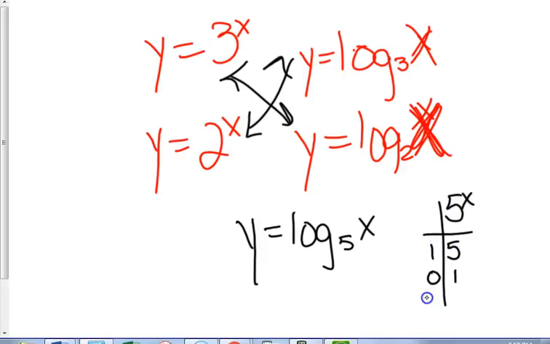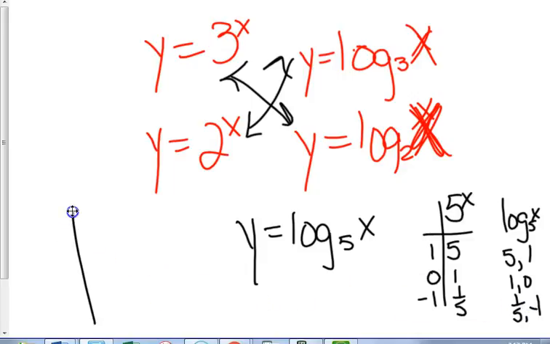I put in a 0, get out a 1. I put in a negative 1, I get out a 1/5. So for the log base 5, I would have the ordered pairs (5, 1), (1, 0), and (1/5, negative 1). Just switch them around. So the graph for the log base 5 would go like this.